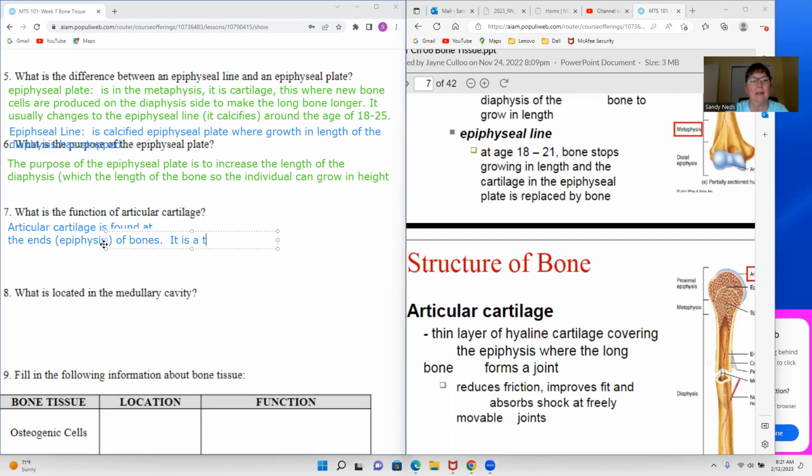It is a thin layer of hyaline cartilage.